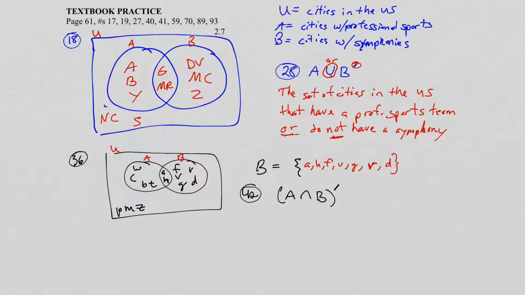So, by the way, where did I get these from? It's everything in the circle for B, and if you want to do it in terms of regions, I forgot to write down it's region 2 and region 3. Okay, that's where I got those letters from, 2 and 3.